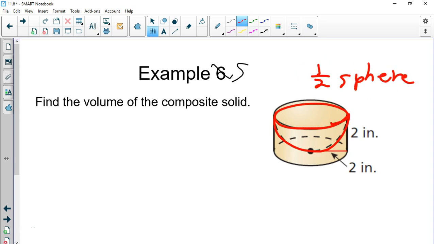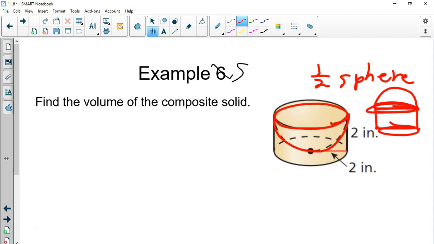Well, if we had a cylinder like we did in our previous section, and we had a hemisphere on top of it, we would find the volume of both and add them. Well, since this, let's call it the lid, is upside down, that means we're going to subtract the volume of the hemisphere from the volume of the cylinder.